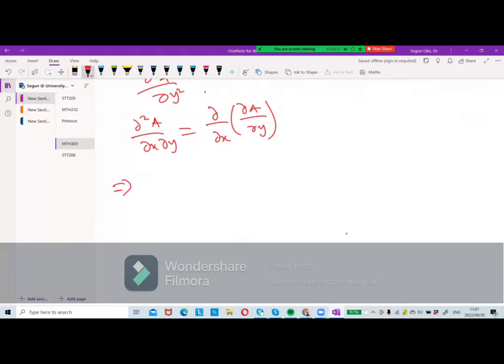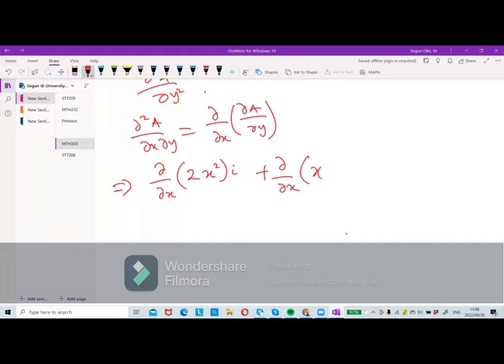It's going to be d/dx of, what is 2i? We have 2x squared i, plus d/dx. I'm substituting the dy now.